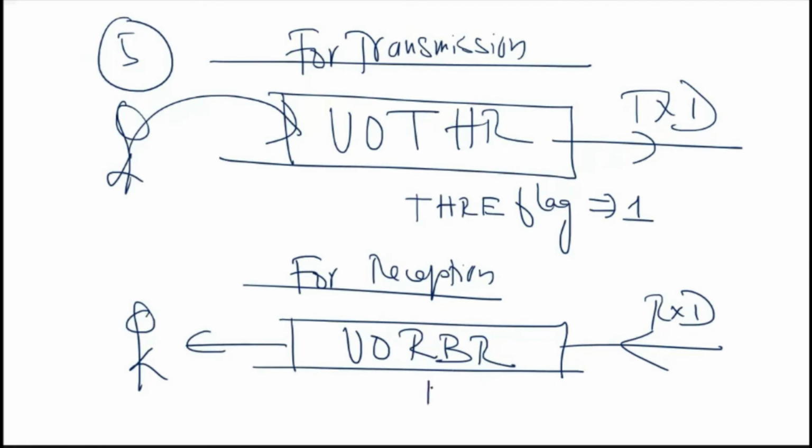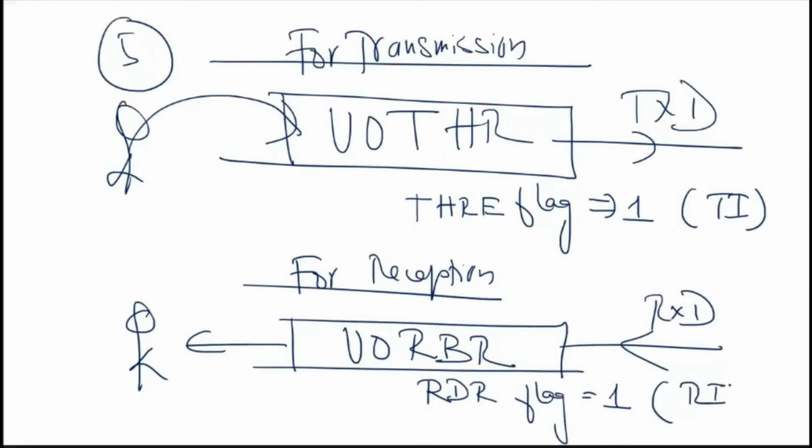There is a flag. Receive data ready flag. If this is a 1, then I know that somebody else has given me data which I will fetch and use. So the transmit holding register flag is equivalent to the transmit interrupt flag of 8051. This is something similar to the receive data flag of 8051. So now how do I initialize LPC 2148?